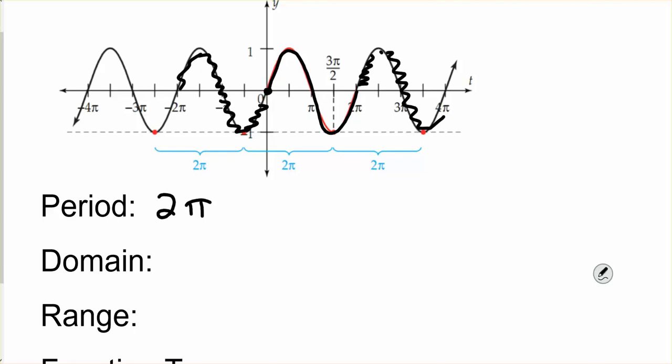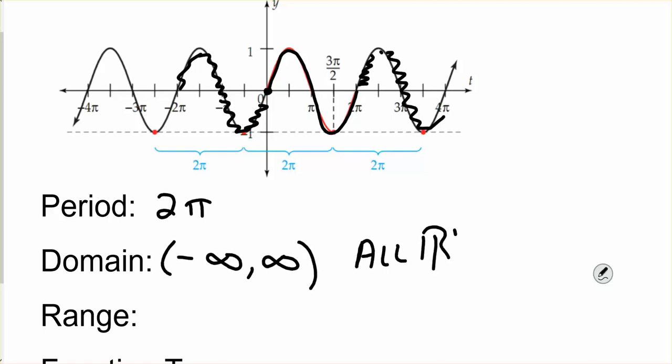Makes sense? Now the domain, you can see the domain is the input, and that tells you how far the x and y axis go. So the domain, we tend to write as negative infinity to infinity. That means the same thing as all real numbers. Now the range, what is the range?